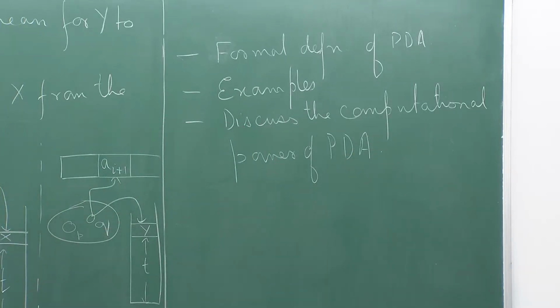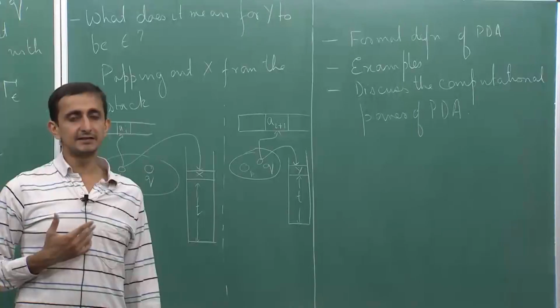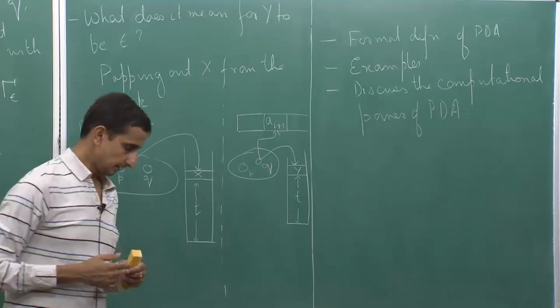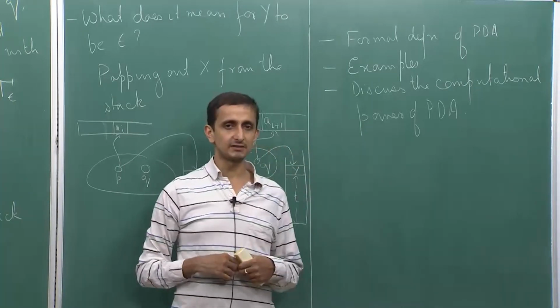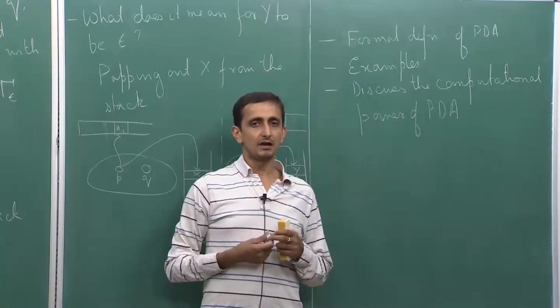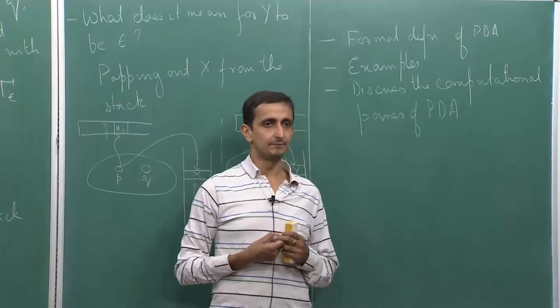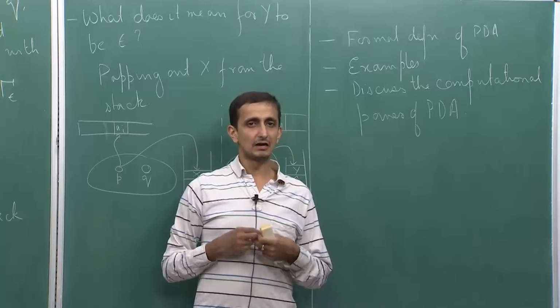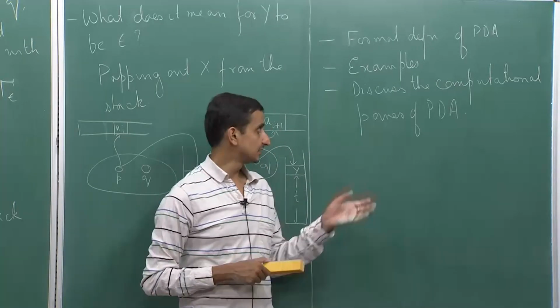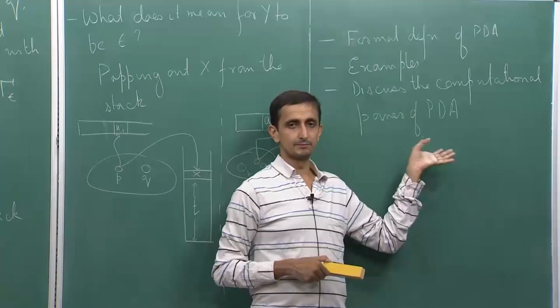So, if you recall at the beginning, I said that we want to study these objects from the point of view that adding this extra data structure, which is a stack, how much extra power does it add? Okay. So, that is our final goal. So, we want to understand this question: what is the computational power of these objects?